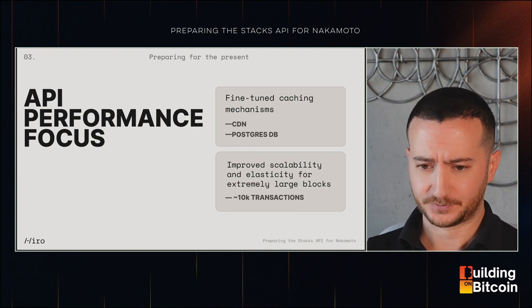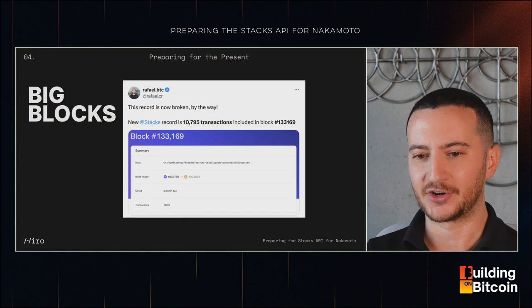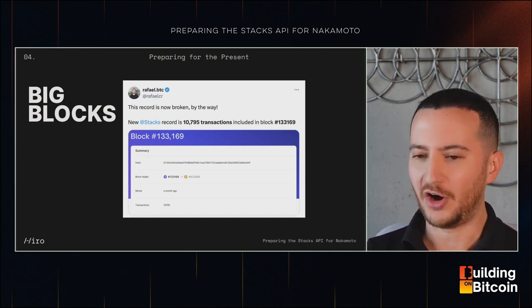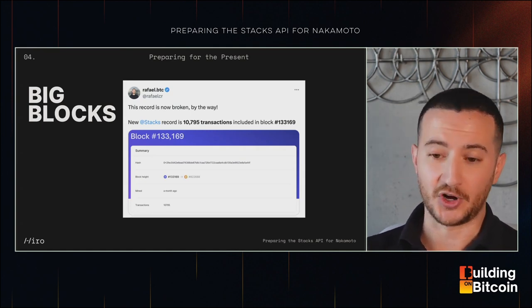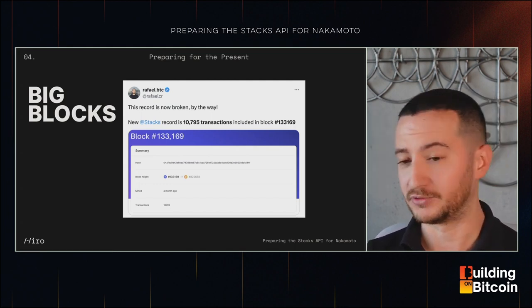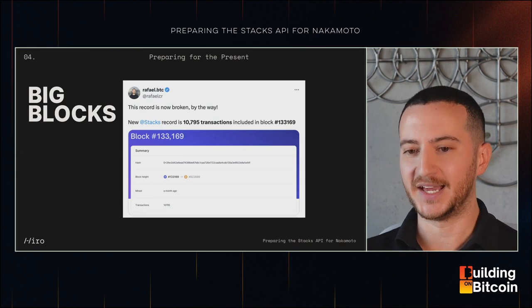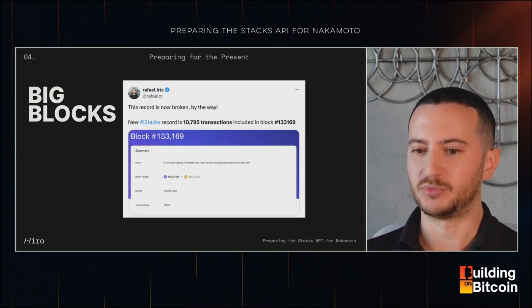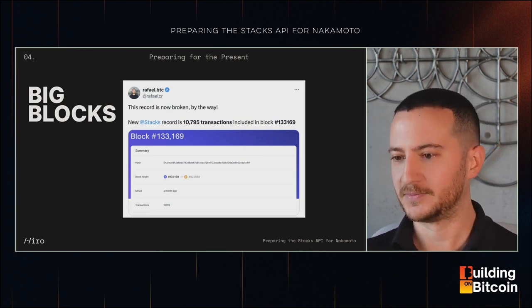To give you an example, I posted this on Twitter recently, that the current record for a Stacks block is one that contains 10,795 transactions, which is obviously many times bigger than the ones that we saw during 21 and 22, which, when they were big, were like 300, 400 transactions. So, this is a massive increase, but obviously it means that the network is transmitting that much more data and that the API has to process that much more data when consuming these blocks.